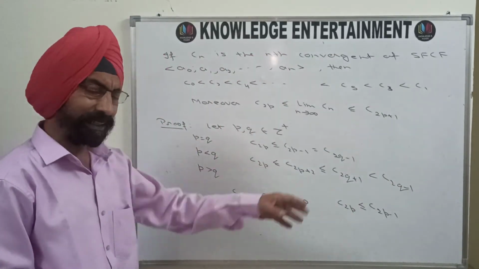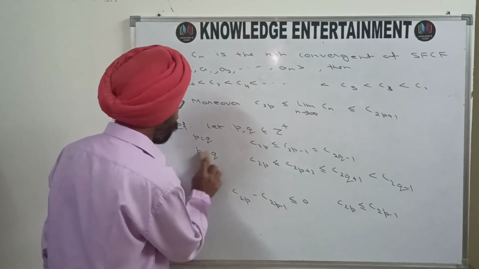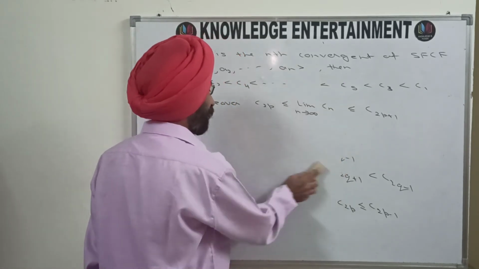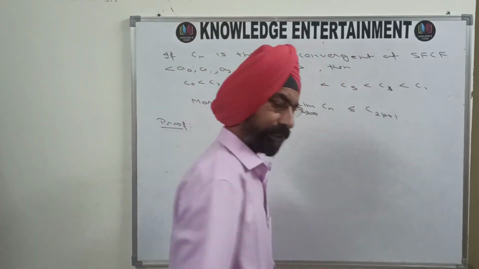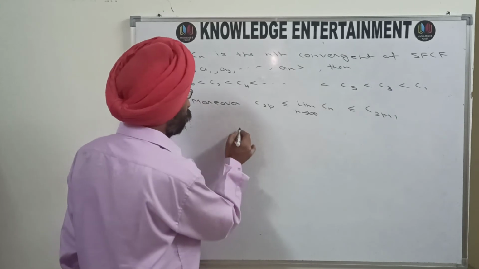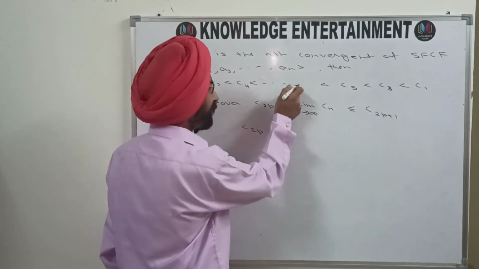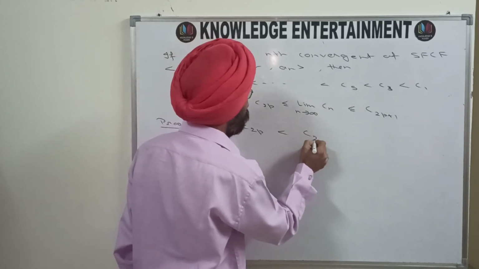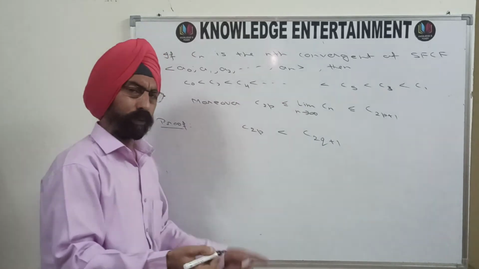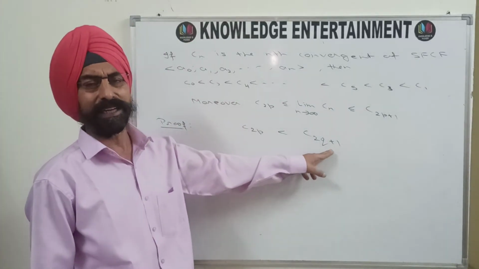And the third part can also be proved on the same lines. So in general, you have proved that every even convergent is less than every odd convergent. If you have any p, any q, then your C2p is less than every odd convergent, C2q plus 1 or C2q minus 1, you can say anything, because you just want an odd suffix.